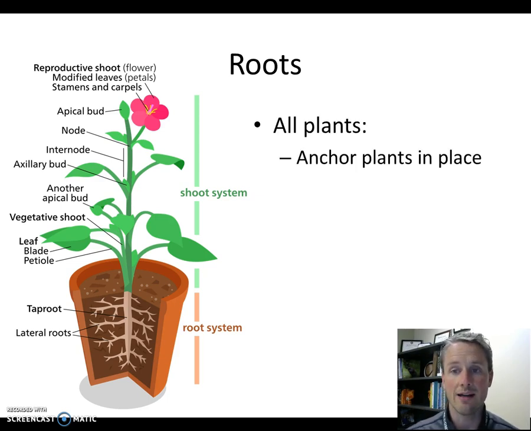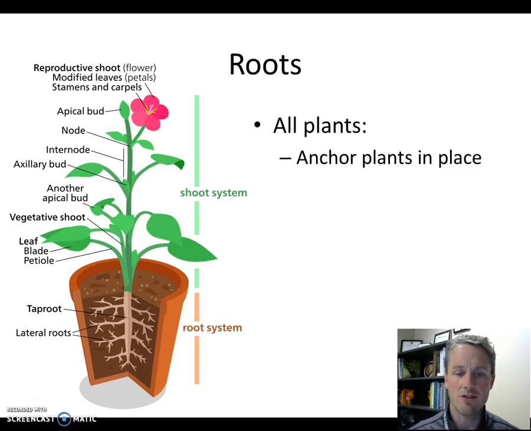So for all plants, the main function of the roots is to anchor the plant in place. This is important because out on land, there's wind that could blow the plant away, right? We don't want the plant to be blown into a new environment where it may not survive. So the plant anchors itself with roots so that it will remain within an environment that it can thrive in.